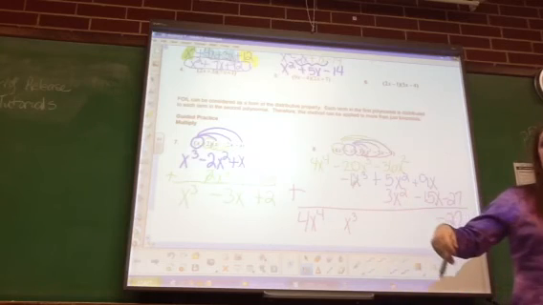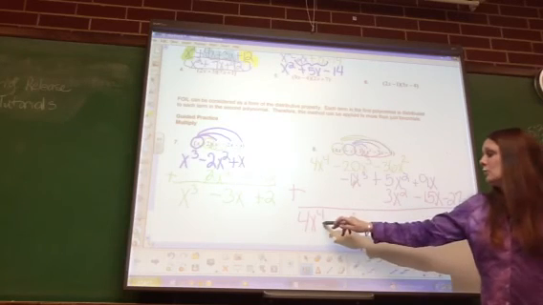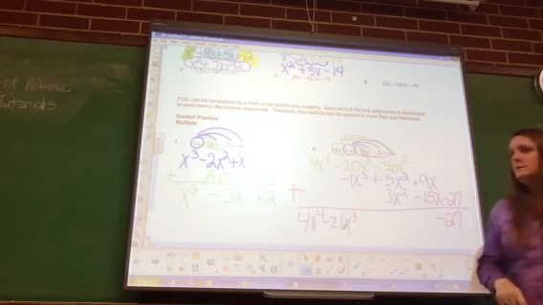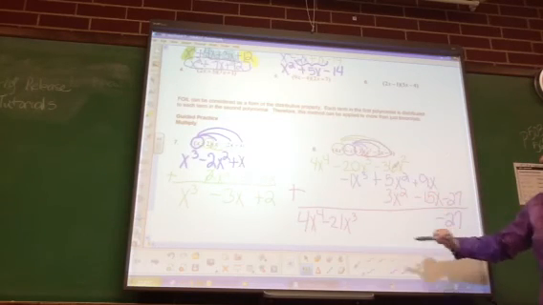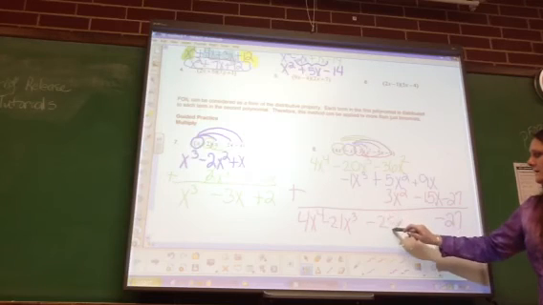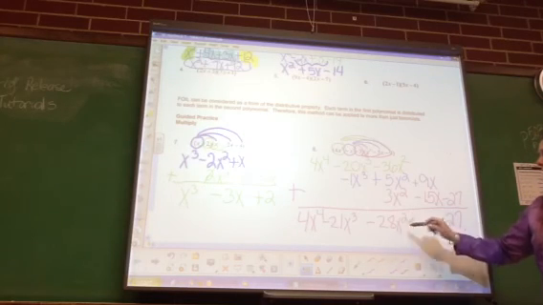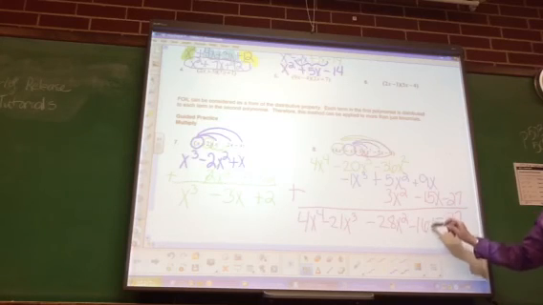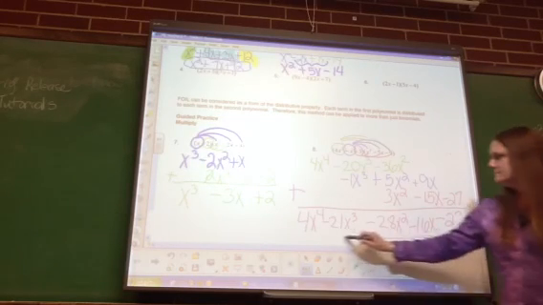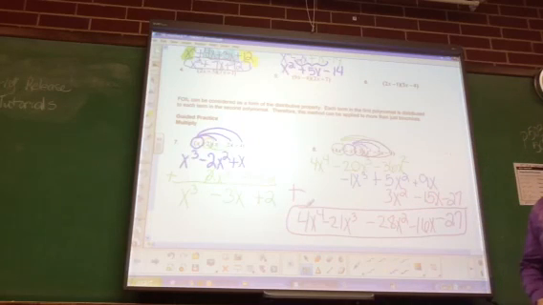Either 21 or 19, which one is it? 21. 20 minus 1 is negative 21. If we have negative 36 plus 5 plus 3, we get negative 28x squared. And 9 minus 15 is negative 16x. And so that's what we get.